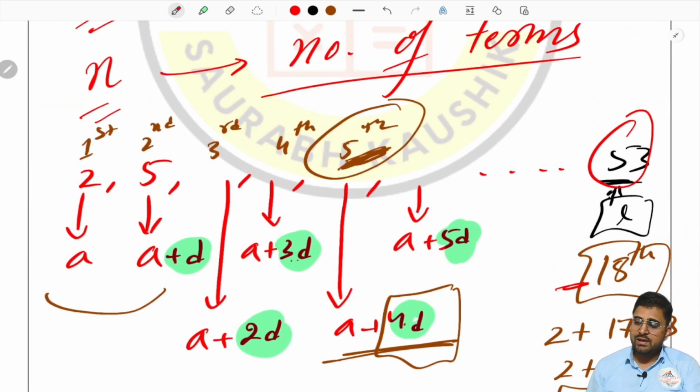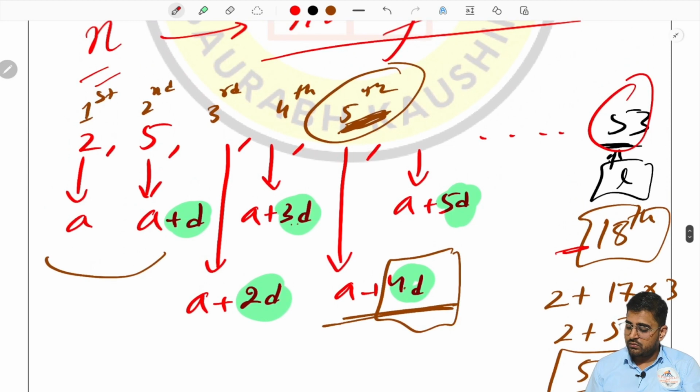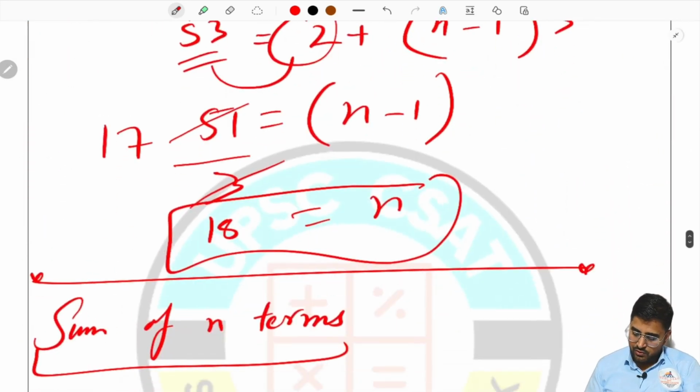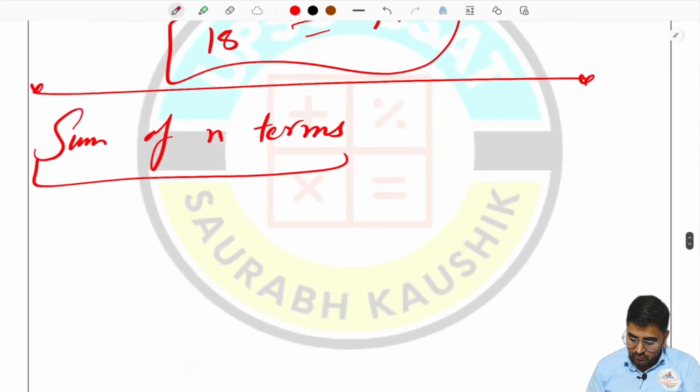Now you don't have time to add up to 53 and find the earlier ones. There is a basic formula, a very basic formula. Please note it down and learn it. This is not a difficult formula, you will learn it when you practice.